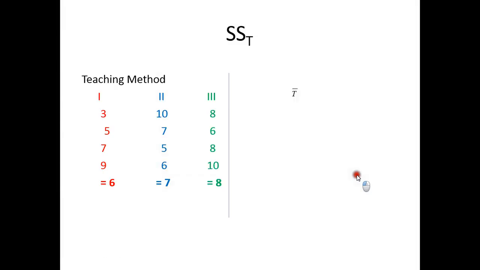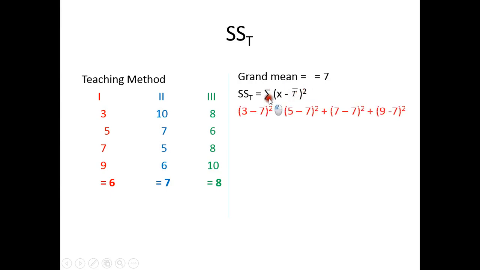So, to calculate the total variance, we take the difference between each participant score and the grand mean. The grand mean is 7. So, difference between the participant score squared, sum that together. For the first group, it's 3 minus 7 squared, 5 minus 7 squared, 7 minus 7 squared, 9 minus 7 squared.